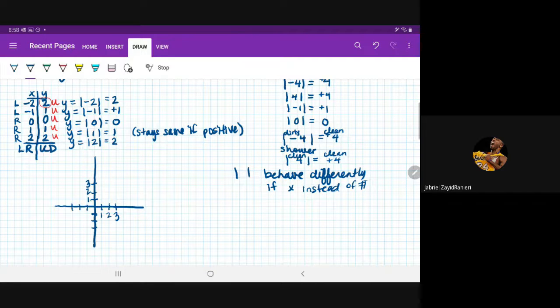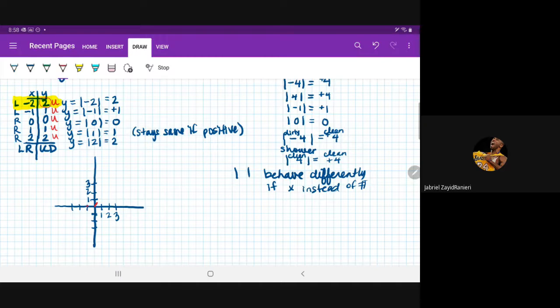So prepare your graphs, and then you can graph your dots. So -2, 2. I'm looking at the first row, and I start in the middle. I'm putting just a red dot there so you could see where I'm starting. And then it says, I'm going left 2.